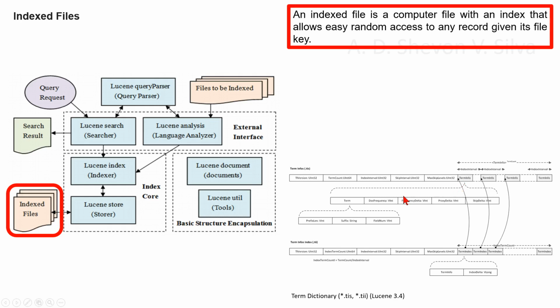Term info consists of term, doc frequency VInt, frequency delta VInt, proxy delta VInt, and skip delta VInt. Term consists of prefix length VInt, suffix string, and field name VInt.